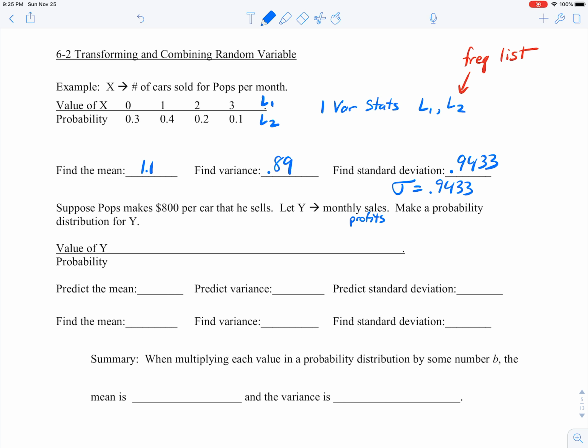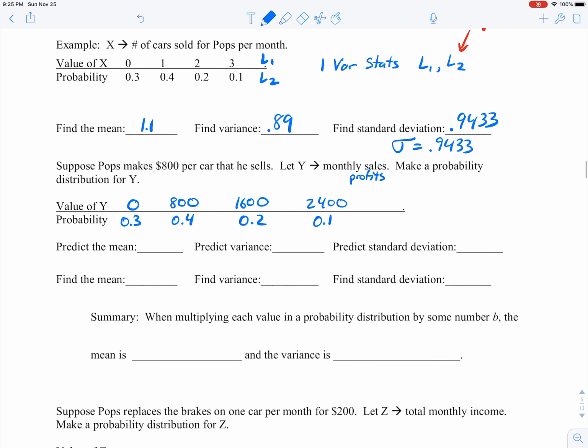So let's say he sells 0 cars. Well, he'll still make $0. But if he sells 1 car, he'll make $800. And that's going to happen 40% of the time. If he sells 2 cars, he'll make $1,600, and that will happen 20% of the time. If he sells 3 cars, that'll be $2,400 he'll make, and that happens 10% of the time.